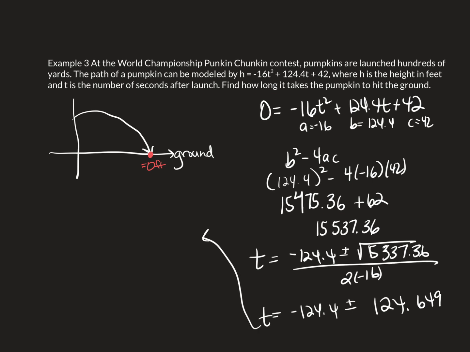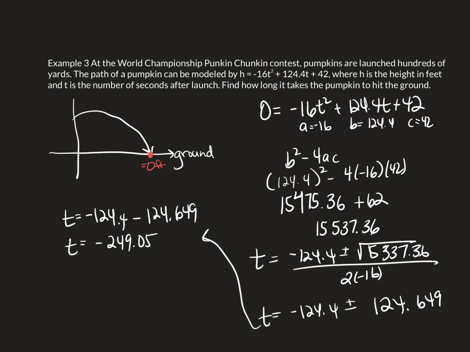I'm going to get t equals negative 124.4 minus 124.649, which is going to give me negative 249.05.